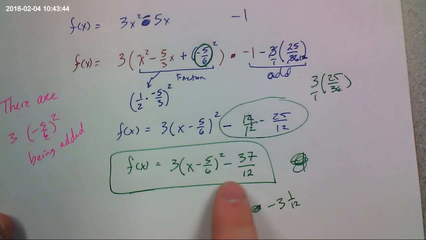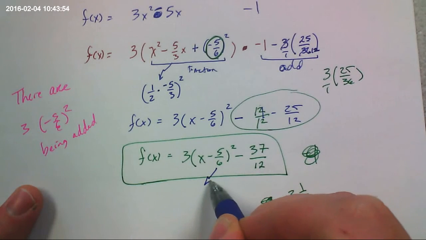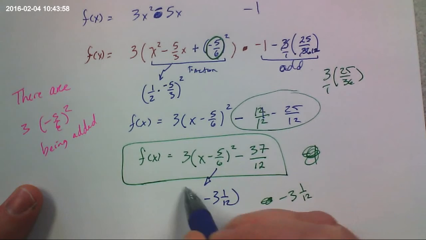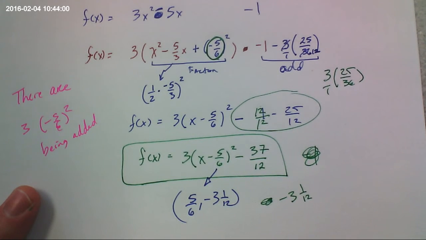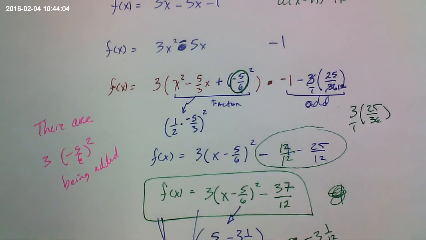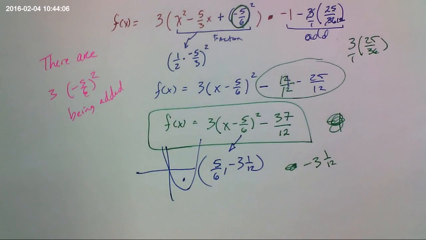Fourth quadrant, right. That's a fourth quadrant because remember the vertex is the opposite of that. And what's the direction? It's up. So it's going to look like that. So it will have 2 x-intercepts.